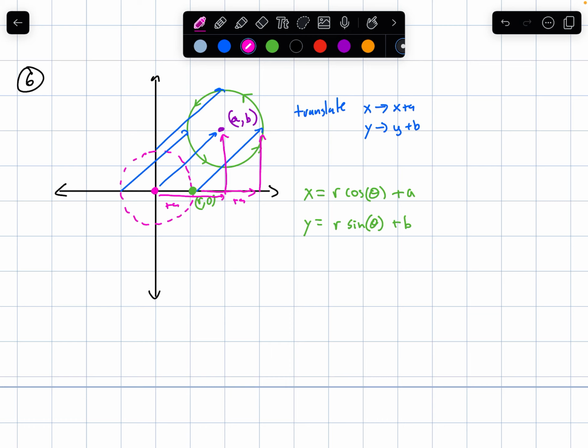So generally speaking, if I want to center my rotation at some point (a, b), I just take my curve, and then I just add a and add b. Now my favorite thing about this is you can stack this and you can create double orbits and triple orbits.